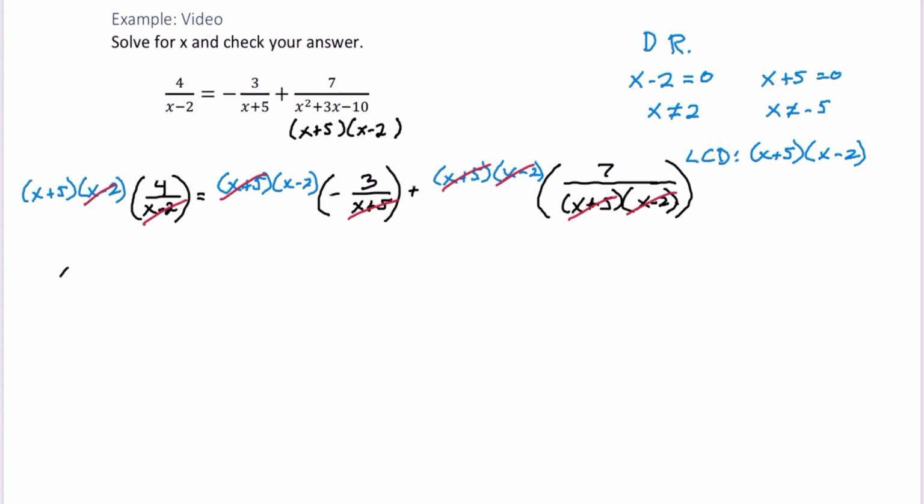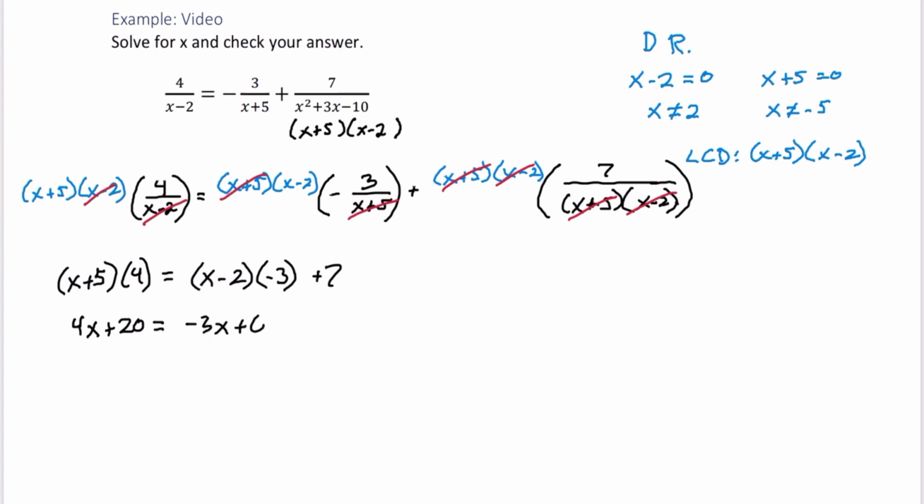This will leave us with x plus 5 times 4 equals x minus 2 times negative 3 plus 7. From here, we will distribute to remove the parentheses. 4x plus 20 equals negative 3x plus 6 plus 7. Combine like terms on the right side. We'll get negative 3x plus 13.